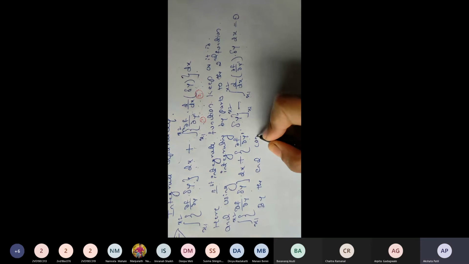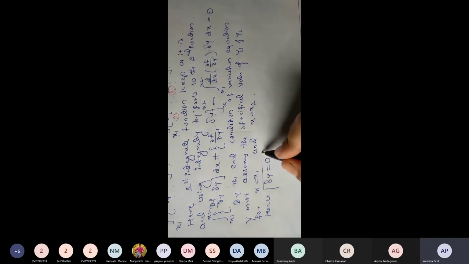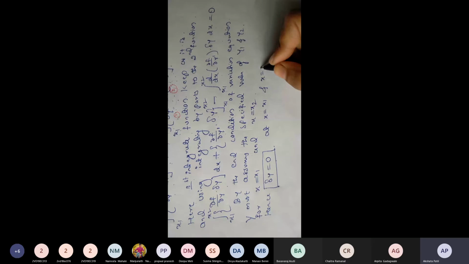Hence we can say, by the definition of variation, δy equals 0 at x equals x1 and x equals x2.